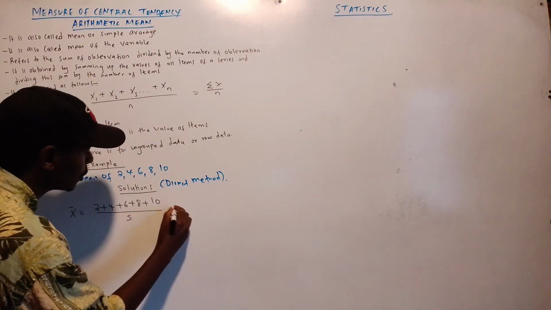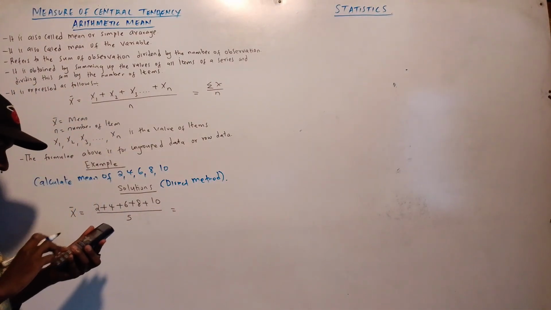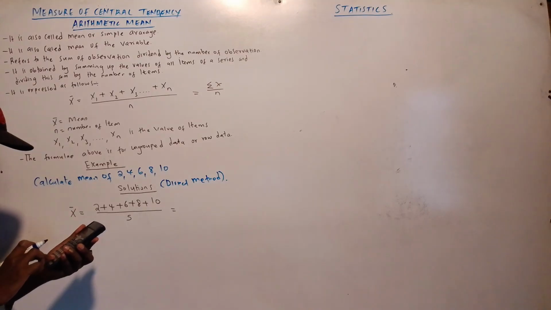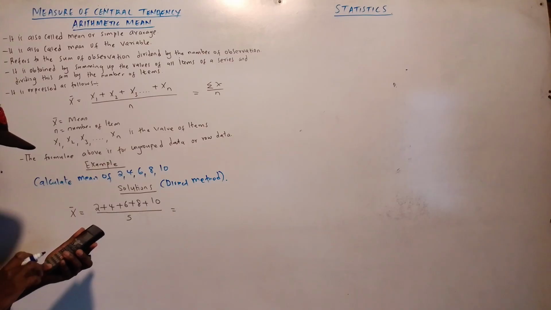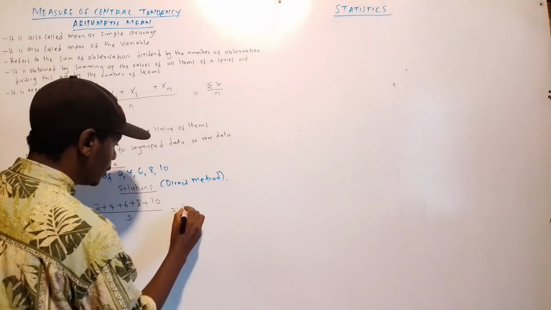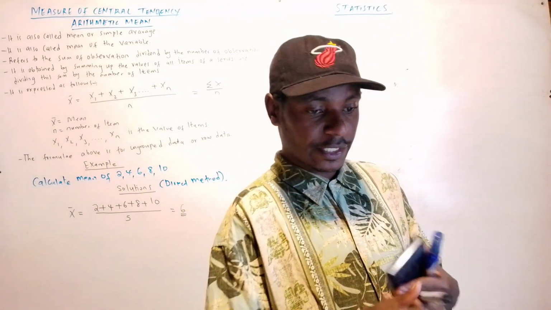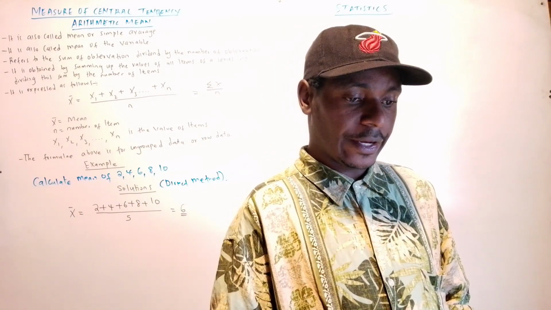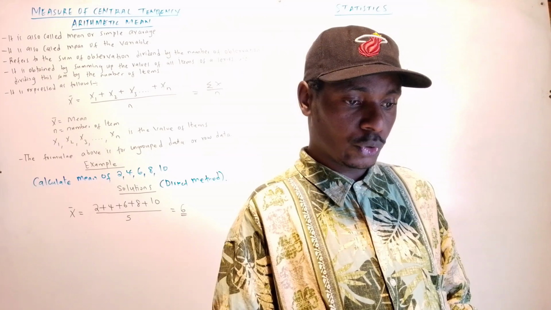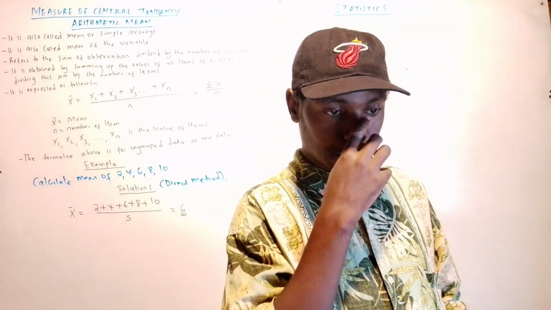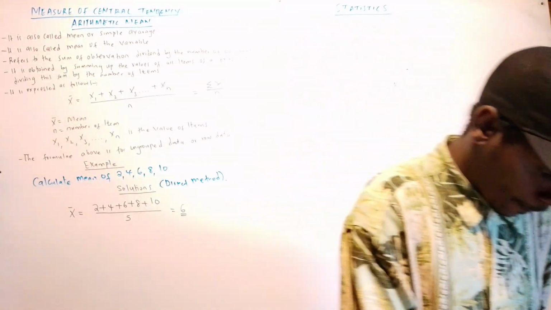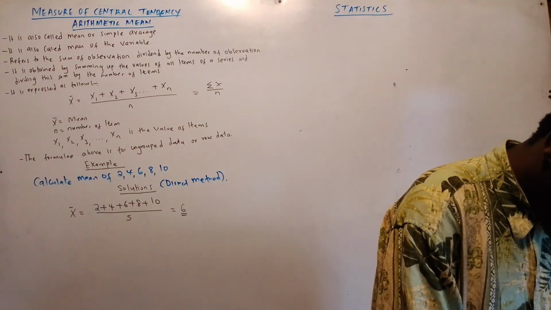So this is what we call the direct method. 2 plus 4 plus 6 plus 8 plus 10 divided by 5. So our mean is 6.